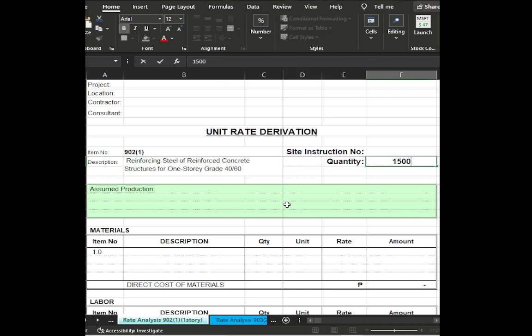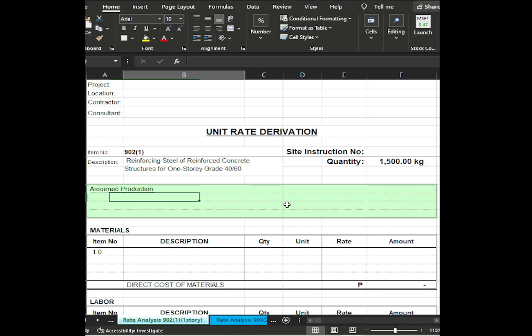We will assume the same kilogram as before, 1500 kilogram for our previous discussion, the reinforcing steel for 2 to 5 story building. So for this one, we will follow the description again.